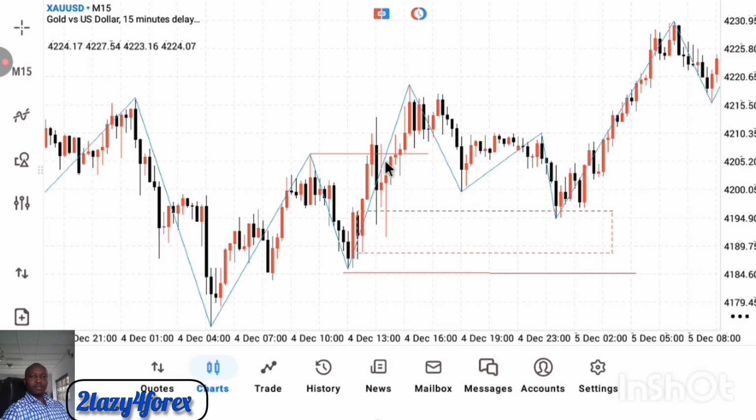Once you have this, you can wait for your entry on the 15 minutes chart, because the essence of using the 1 hour chart is just the bigger picture. It is on that 1 hour chart that you select your pullback. You watch out for the break of the highest low or the break of the lowest high to select your pullback, and then you dive in.